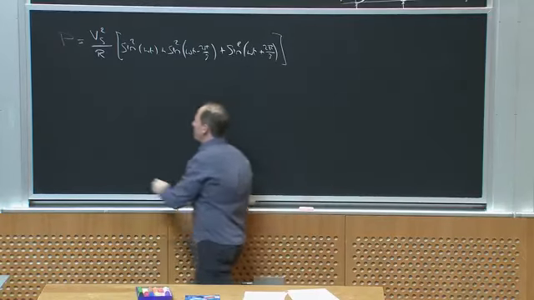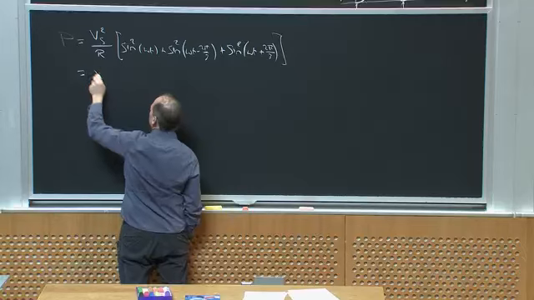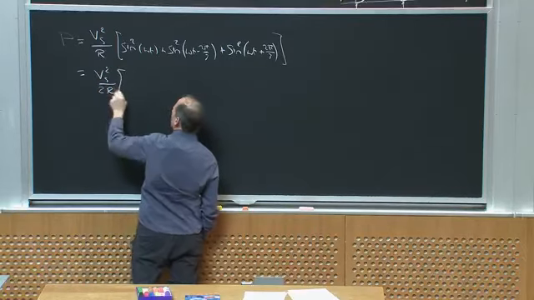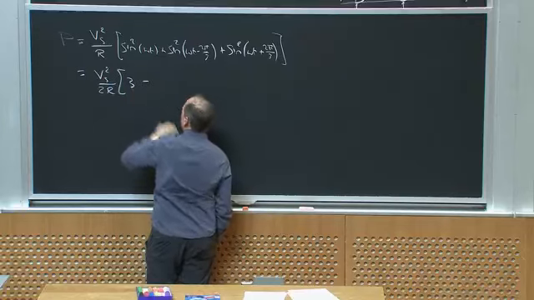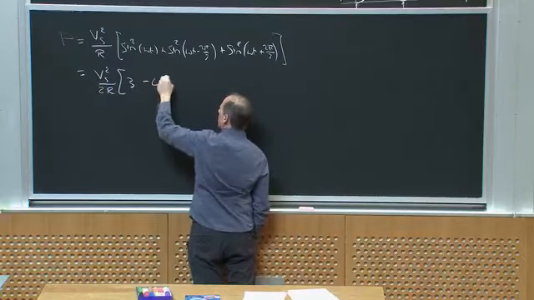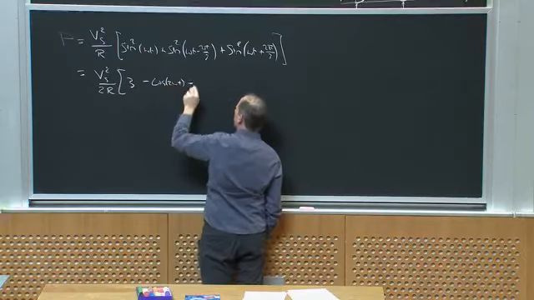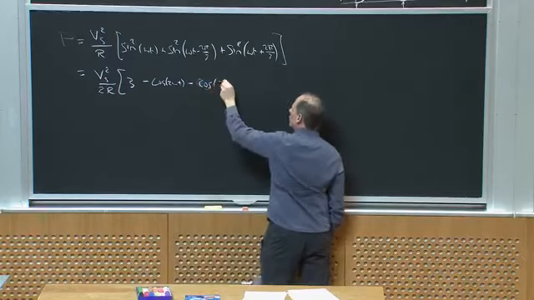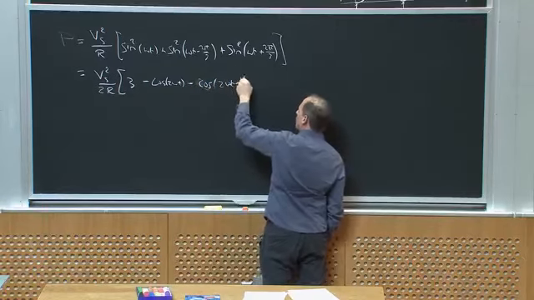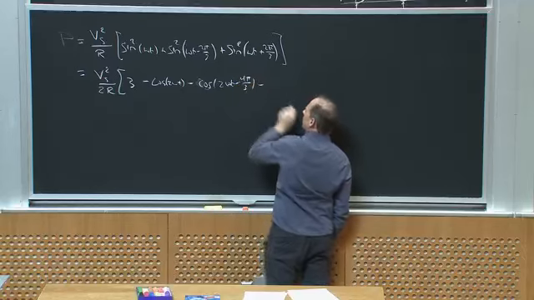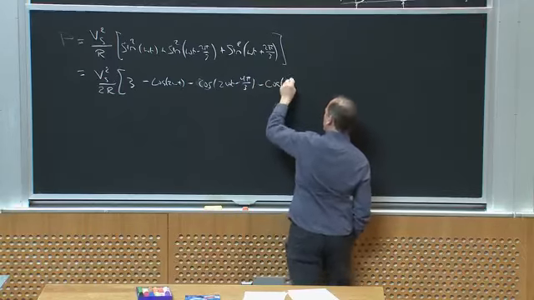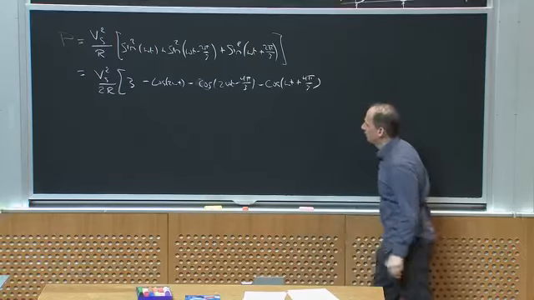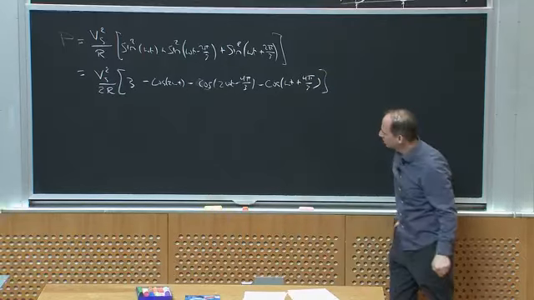I can then rewrite these again as Vs squared over 2R times 3 minus cosine of 2 omega t, minus cosine of 2 omega t minus 4 pi over 3, minus cosine of 2 omega t plus 4 pi over 3. Now, why am I interested in that?